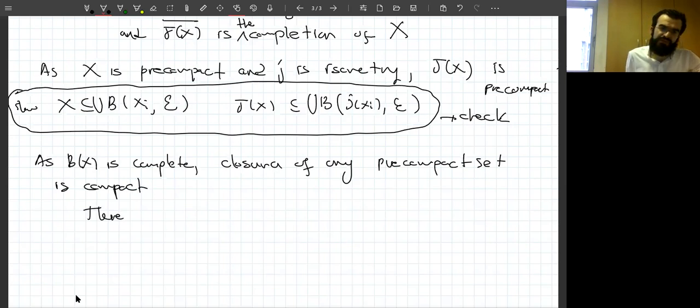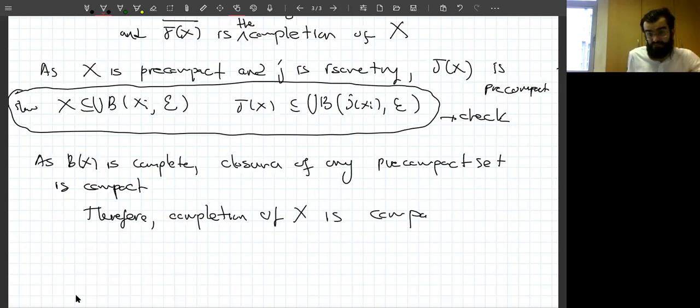Therefore, completion of X is compact. Okay, do you have any question? No. Okay, ask the other question.